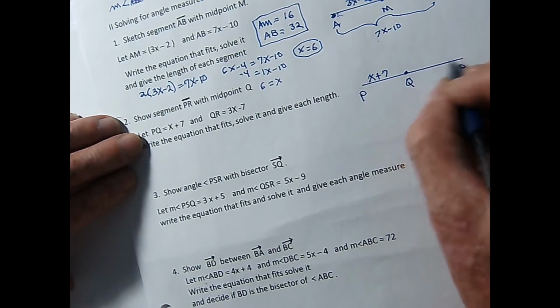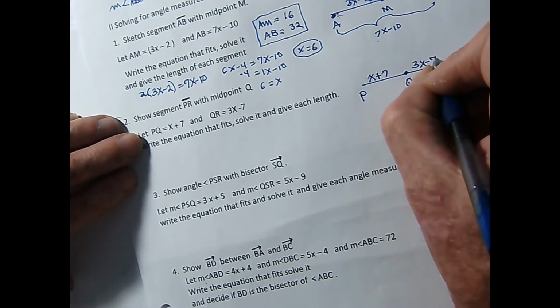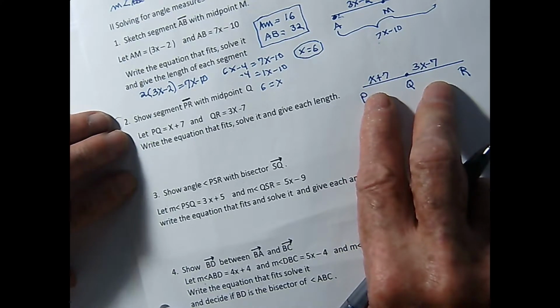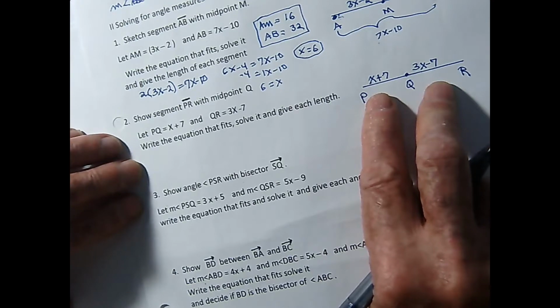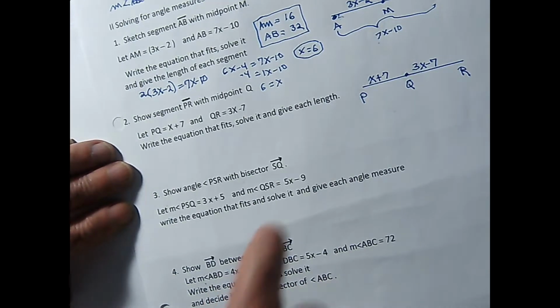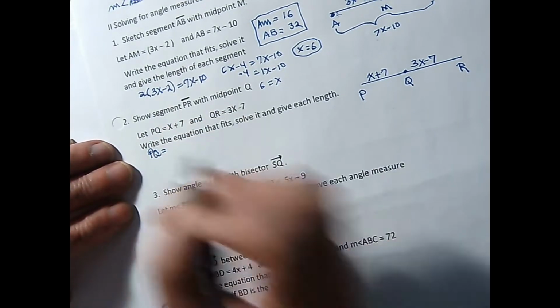In QR, this other small segment is 3x minus 7. I've got to come up with some relationship between those two so I can find the value of x. Pause the video and do it yourself, and then come back and check me. What I know to be sure is that PQ is equal in measure to QR.